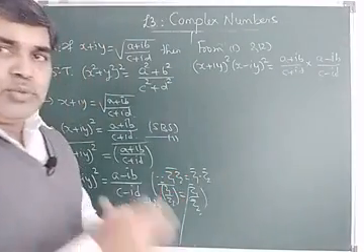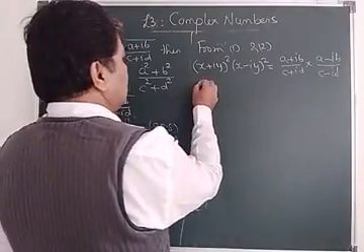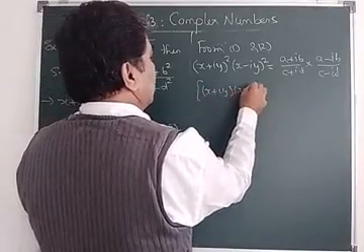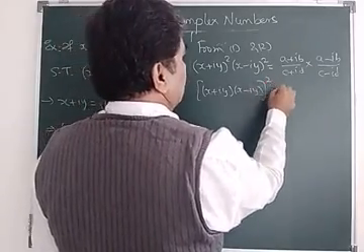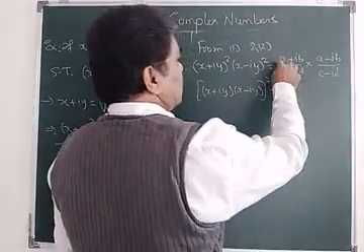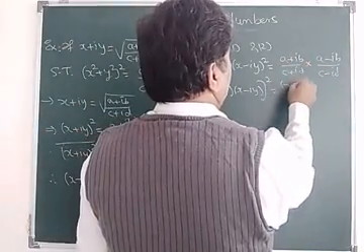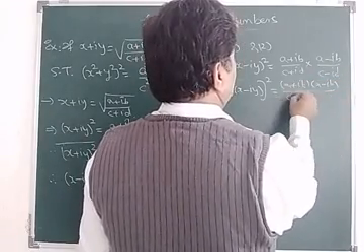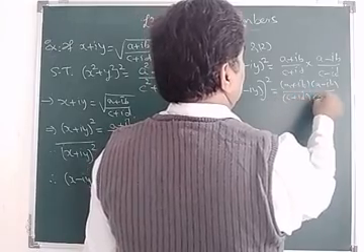Again, z into z bar. So this is nothing but ((x plus iy) into (x minus iy)) whole square is equal to (a plus ib) into (a minus ib) upon (c plus id) into (c minus id).